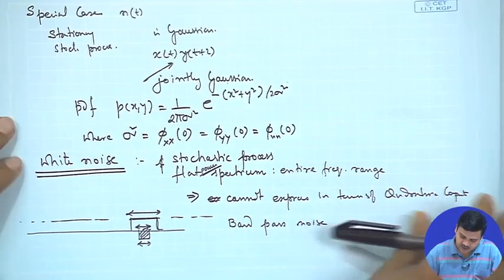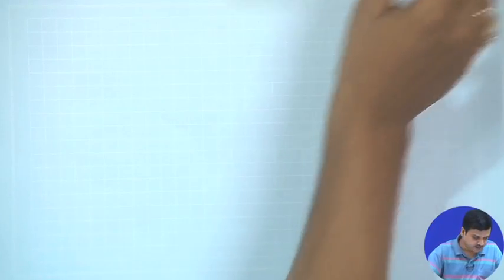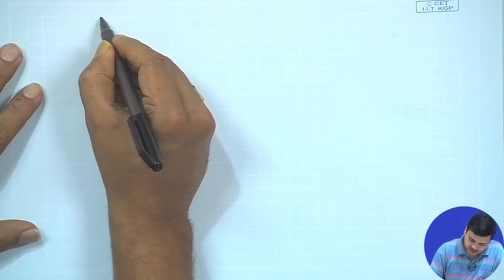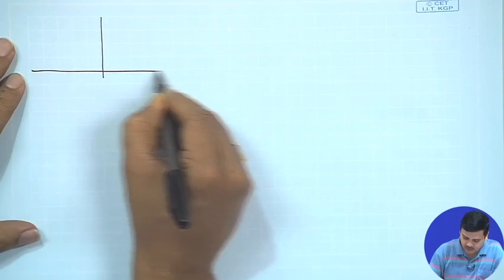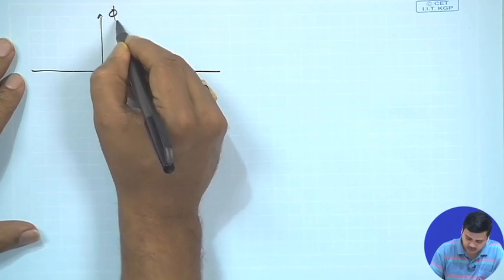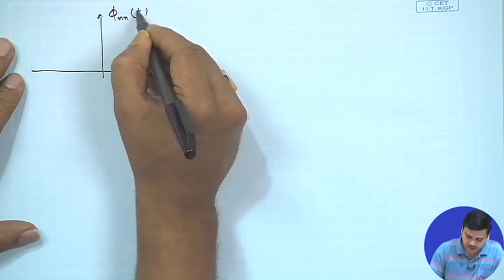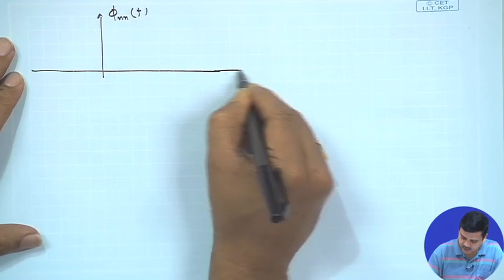So, for such a case you would define phi n of f as follows.